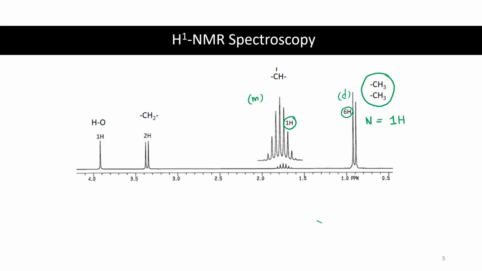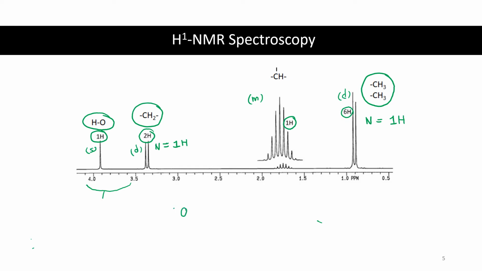Then over here we have 2 hydrogens, which is also a doublet. So this must be a CH2 group, and its neighbor has only 1 hydrogen. Over here we have 1 hydrogen represented by this singlet. If it's not split into any peaks, this 1 hydrogen would usually indicate it must be an OH group, especially if it's around 3.5 to 4 ppm.